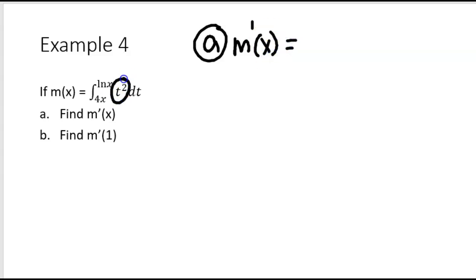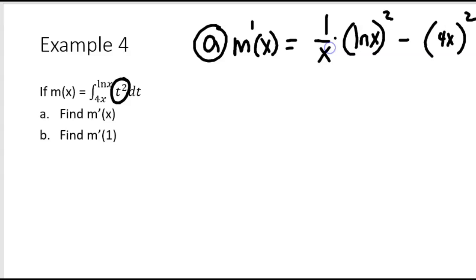So I'm going to write this function twice, with a subtraction sign in between. And you're going to plug in the top number first and the bottom number second. And you're going to multiply by the derivatives of those things on each one. So that's A.